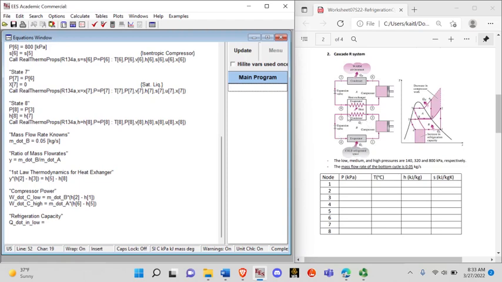This is of the bottom cycle. So it's going to be m dot B times H1 minus H4. Then we have Q dot in high equals m dot A times, here's the evaporator, so it's going to be H5 minus H8.